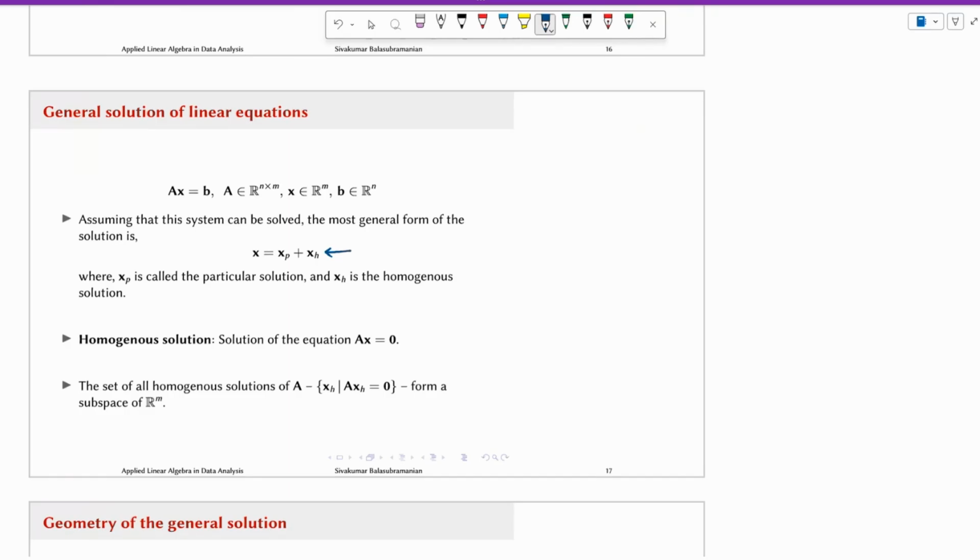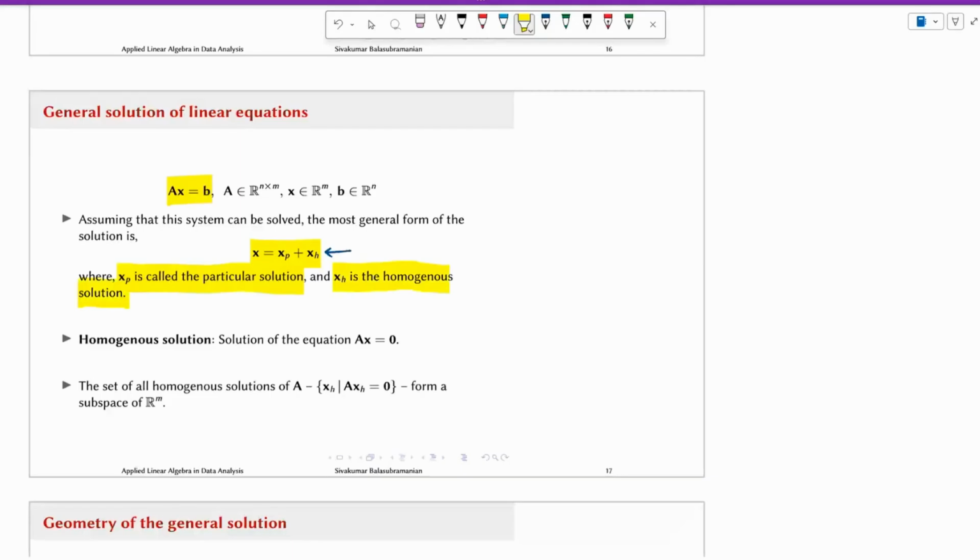Good. So the most general form of a solution to a linear system of equations like this can be written as the solution equals some xp plus xh. xp is called the particular solution, and xh is called the homogeneous solution.